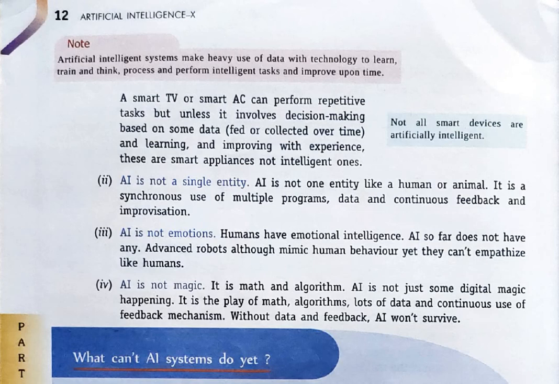The algorithm means the process that has been stored in that AI machine and the data that has been stored, and then it applies mathematical calculations. Then it delivers you the result. So it is not digital magic. It is all based on data and calculation. Without data and feedback, AI cannot survive.